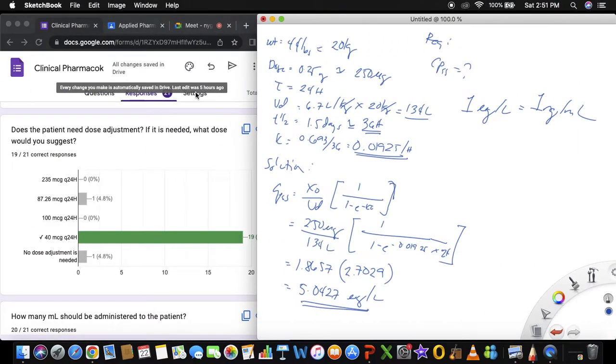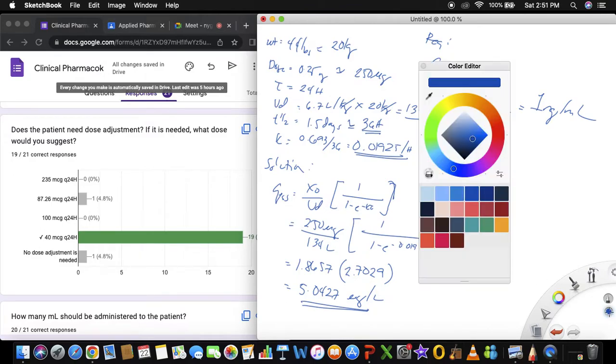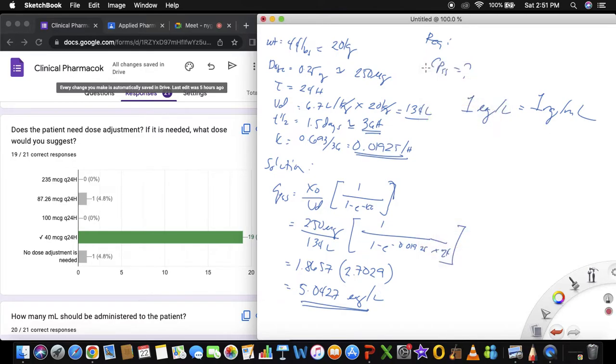Okay? Now, if we're dealing with this case, class, since mag-a-adjust lang naman tayo ng dose, provided hindi nagbago yung VD or yung K ng patient, ang elimination rate constant, pwede tayo mag-ratio and proportion dito. Right?